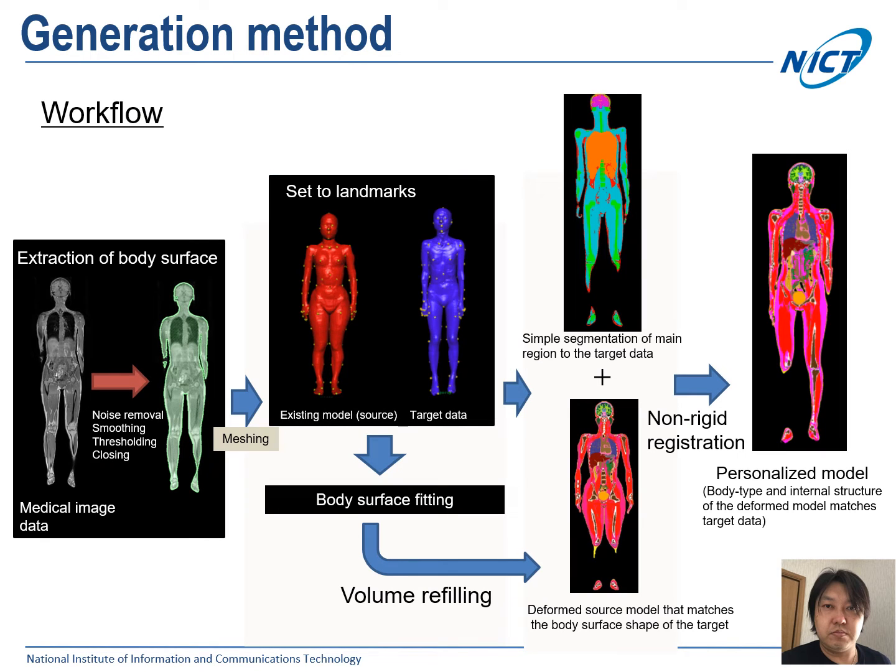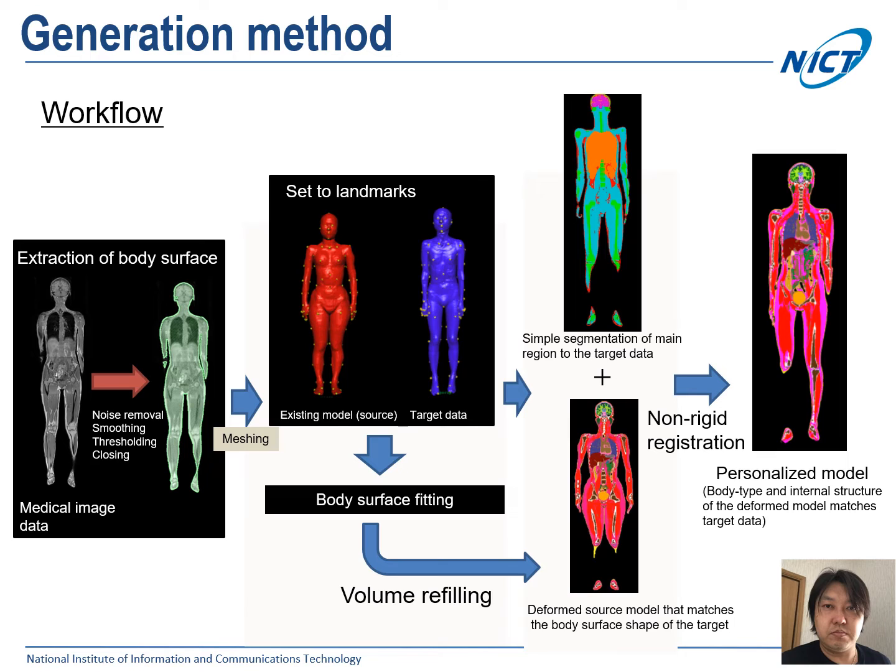This slide shows the workflow of the personalized computational model. First, the body region was extracted from the medical imaging data by basic image processing, and body surface meshes for the source, that is the existing anatomical model, and the target data are generated.